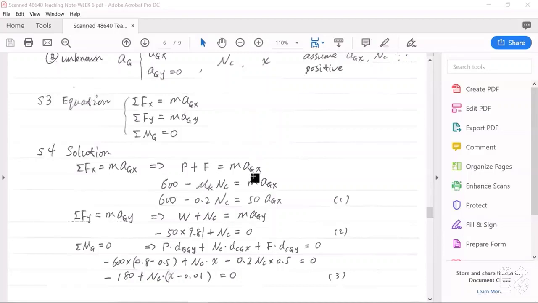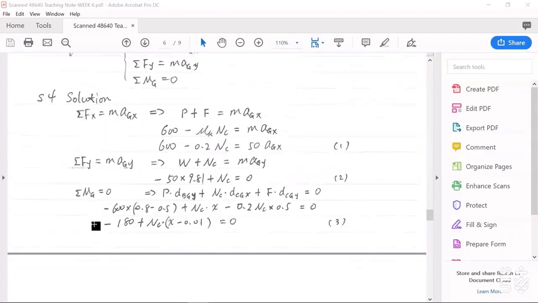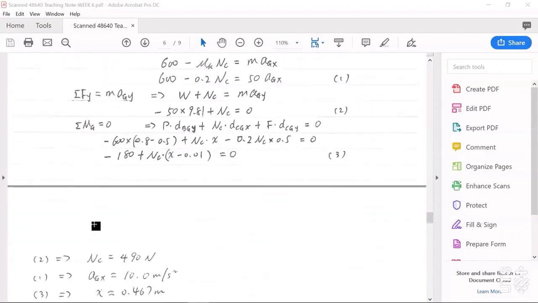That's the calculation along the X direction, along the Y direction, and the rotational component about point G. Finally, we can work out NC, aGx, and X.